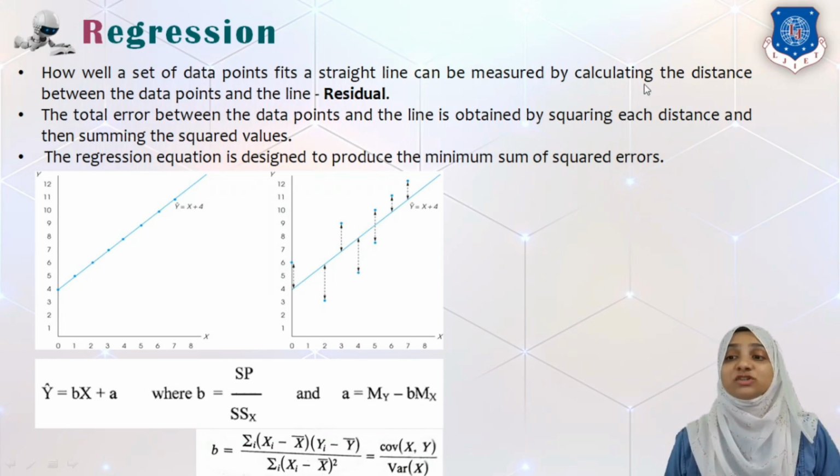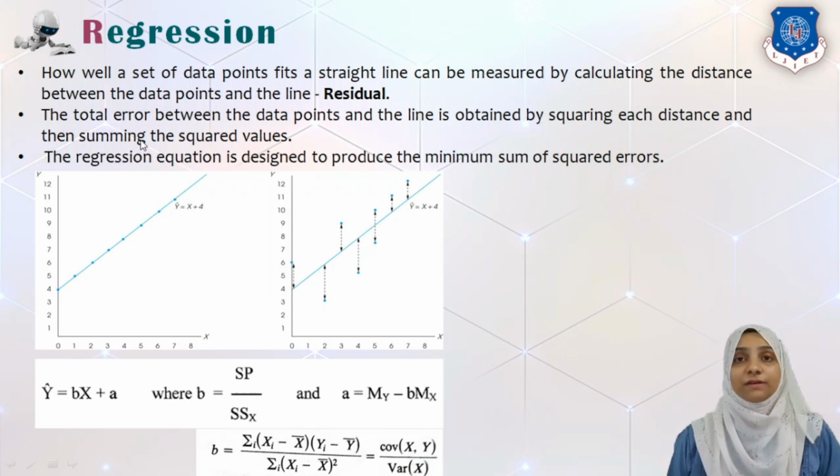So here we actually calculate the distance between the data points and the line, which is called the residual. Now, the summation of these differences from the actual data points to the line is called the total error between the data points and the line, and that can be obtained either by squaring the terms, or by taking the absolute value of these differences and summing them. When we sum them by squaring, it is called the sum of squared error.